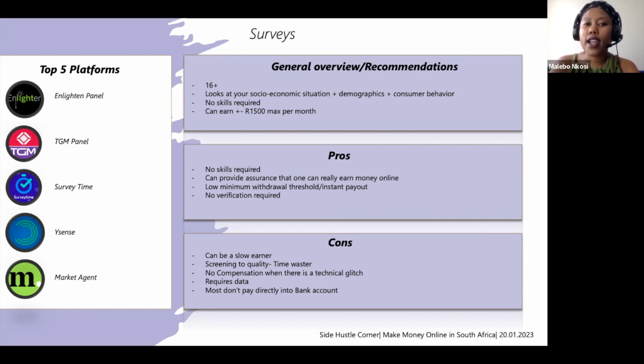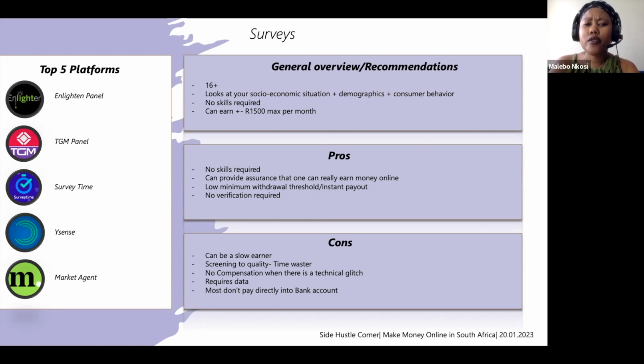Because it's not a disclaimer, but it's definitely a fact that one platform could work really well for me and be really bad on your side, because we are individuals, and whatever we're inputting on these platforms is going to be slightly different. And maybe my profile might be considered more than yours. So this is just a rough estimate of how much you can make, and not necessarily the gospel.